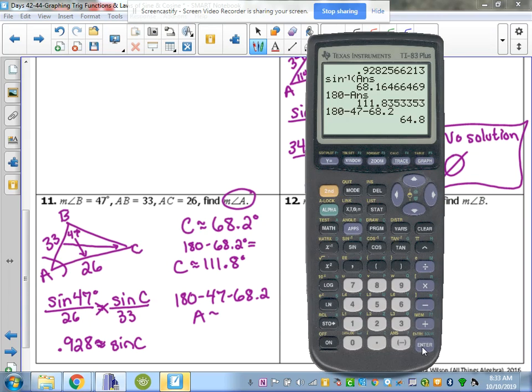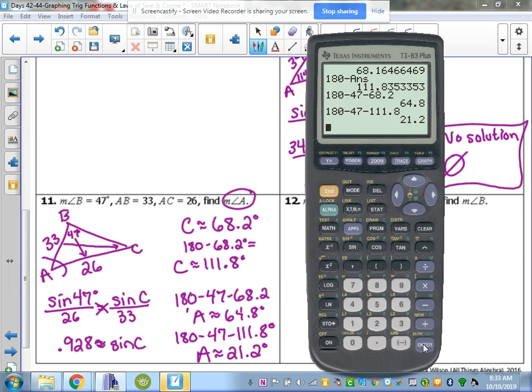A could be approximately 64.8, or 180 minus 47 minus the 111.8. A could also be 21.2 degrees.